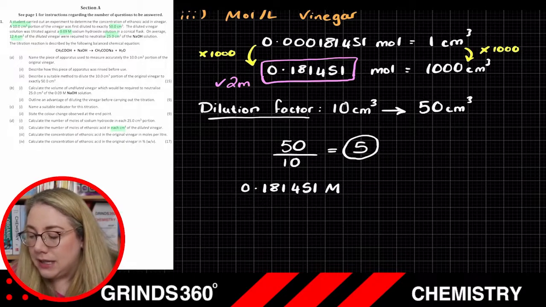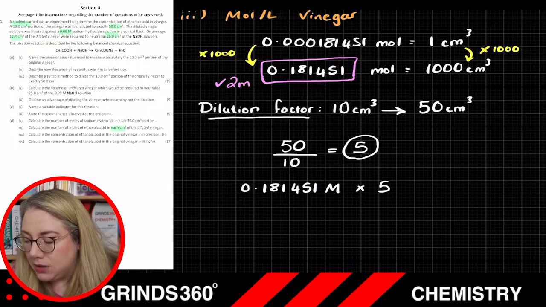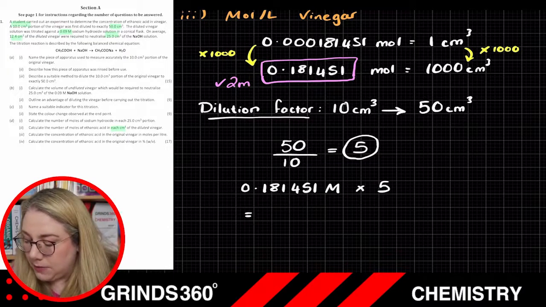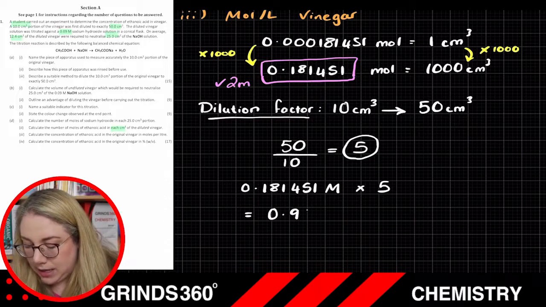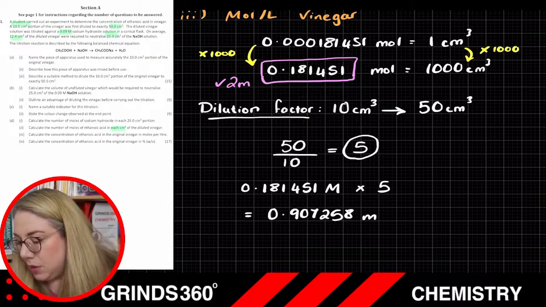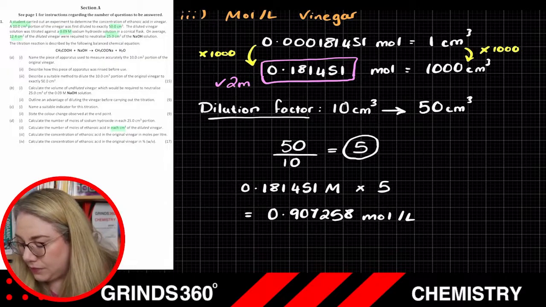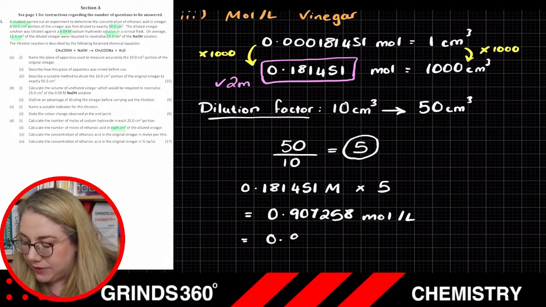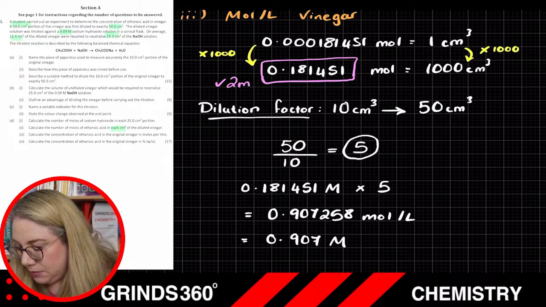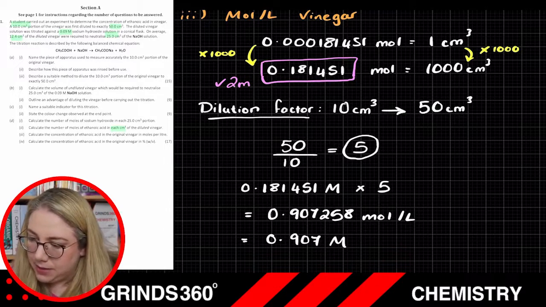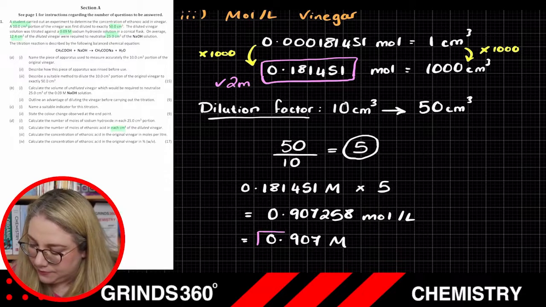To find out what that is in the original, you take that and you multiply it by the dilution factor, which is going to give me 0.907258 moles per litre. Or if you prefer, now we can put that as 0.907 molar. And for working out 0.907, the examiner gave you 2 marks.